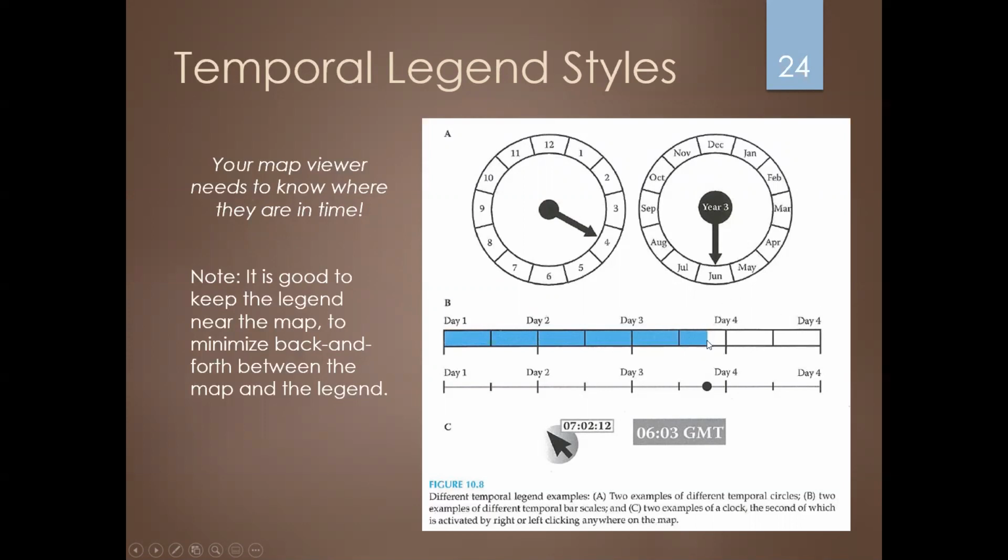Currently, this frame is somewhere between day 3 and day 4. Or simply use a mark to show that, or simply show the time using digits, or a specific time with a time zone.